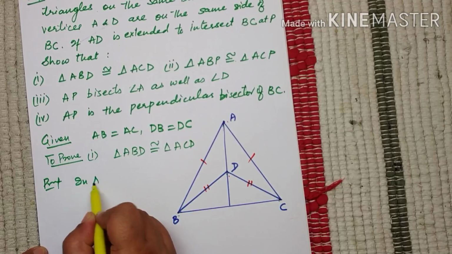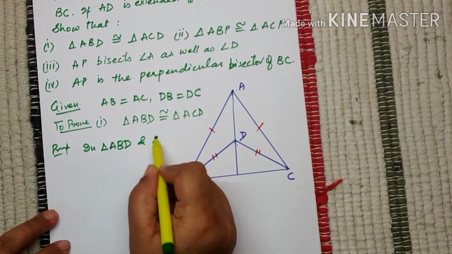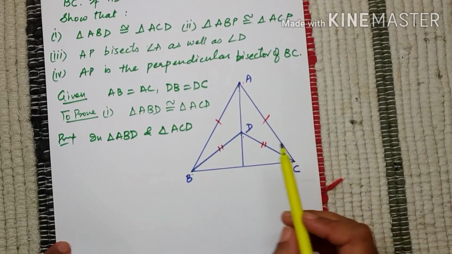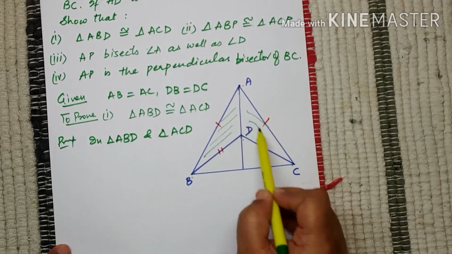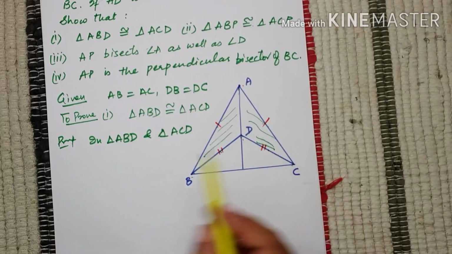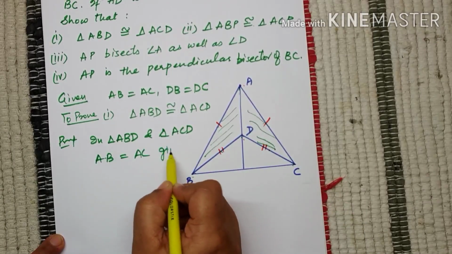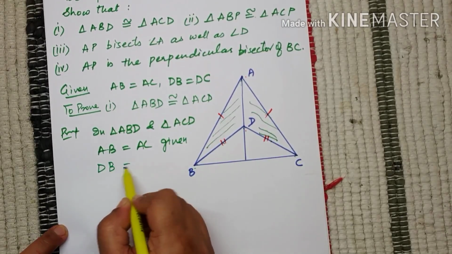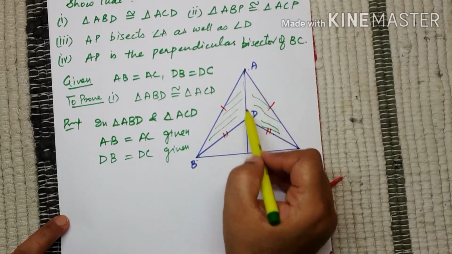Whatever triangles we have to prove congruent, first let's take those two triangles. Now what do we have in these two triangles? I can see ABD is this triangle, ACD is this triangle. Now in these two triangles, I can see AB equal to AC given. DB is equal to DC again given. Also I can see AD common.